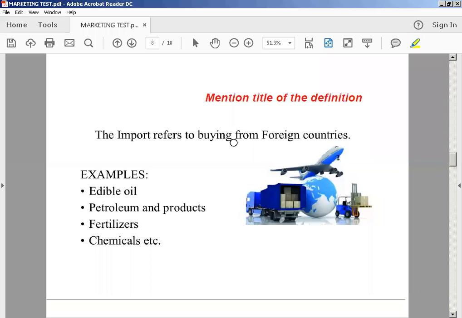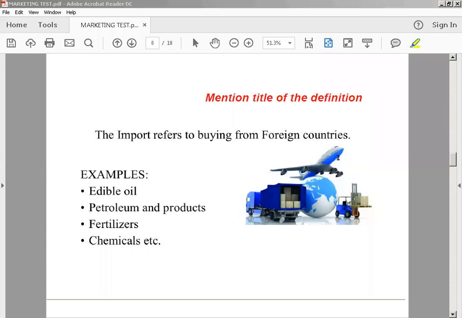The import refers to buying from foreign countries. This definition belongs to which type? You have to write down which type of trade this is the definition of. Write down the name of the trade over here. Okay, then I proceed further.